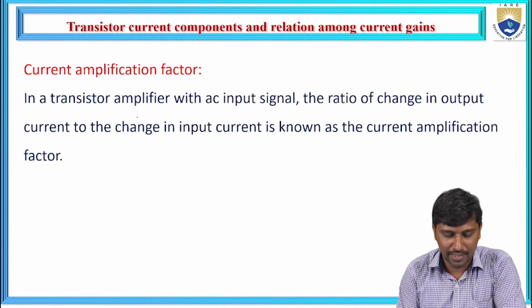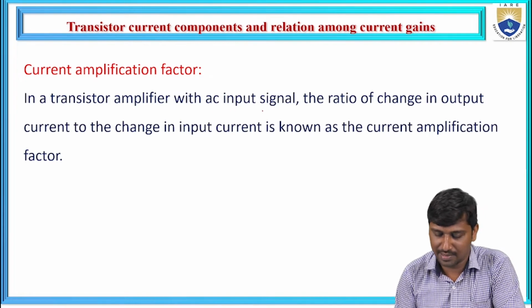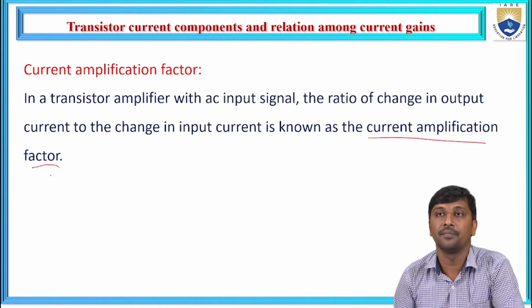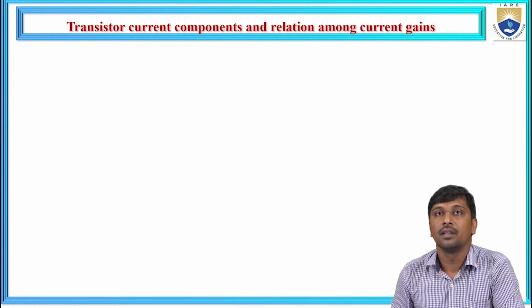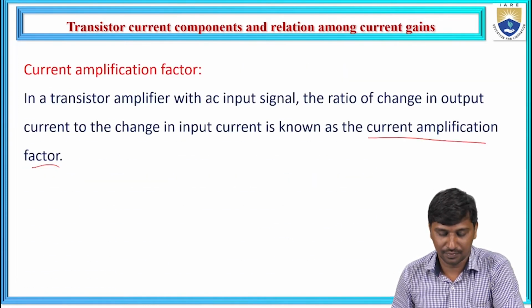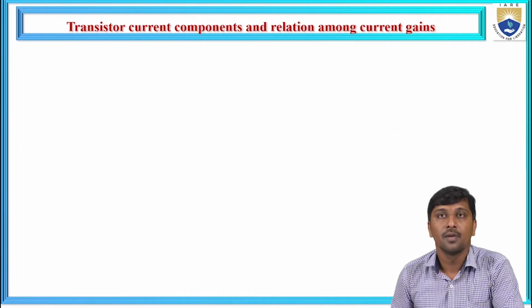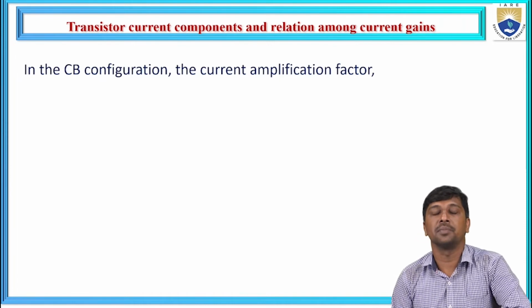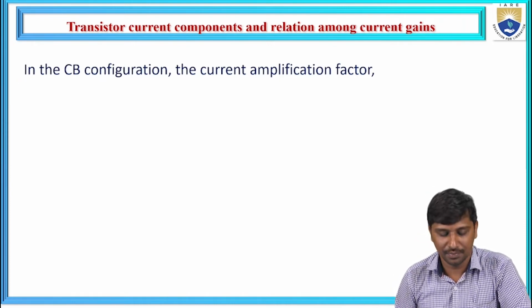Hence, in a transistor amplifier with an AC input signal, the ratio of change in output current to the change in input current is known as the current amplification factor. Based on the configuration, we have three types: common base, common emitter, and common collector.